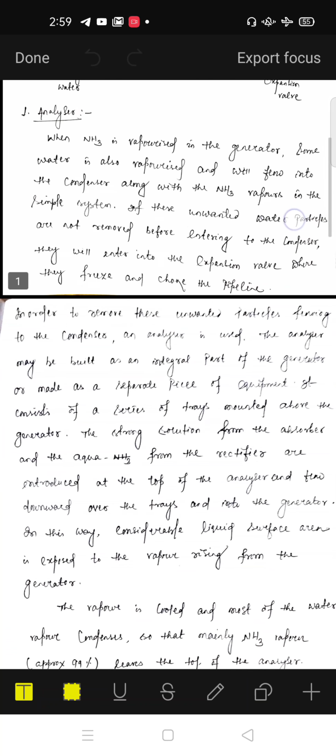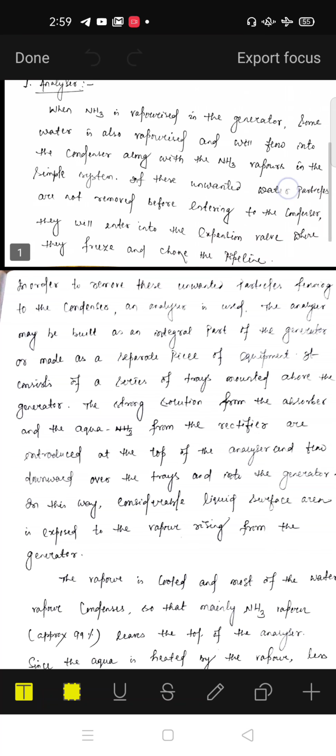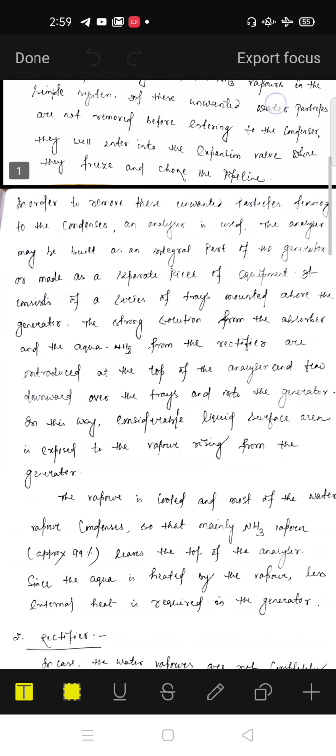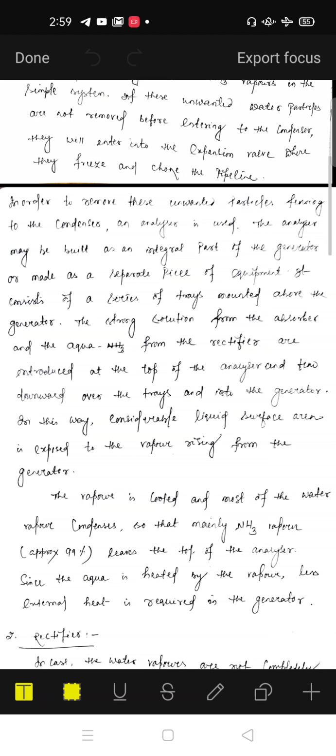The analyzer may be built as an integral part of the generator or made as a separate piece of equipment. It consists of a series of trays mounted over the generator. The strong solution from the absorber and the aqua ammonia from the rectifier are introduced at the top of the analyzer, and flow downward over the trays into the generator.